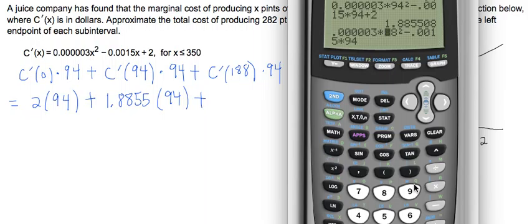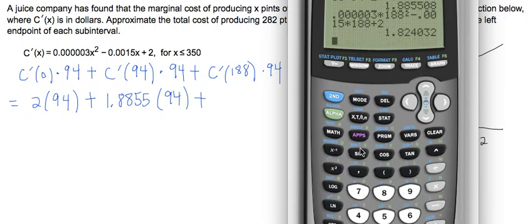Actually, that should say 188 there. It's 1.8240.